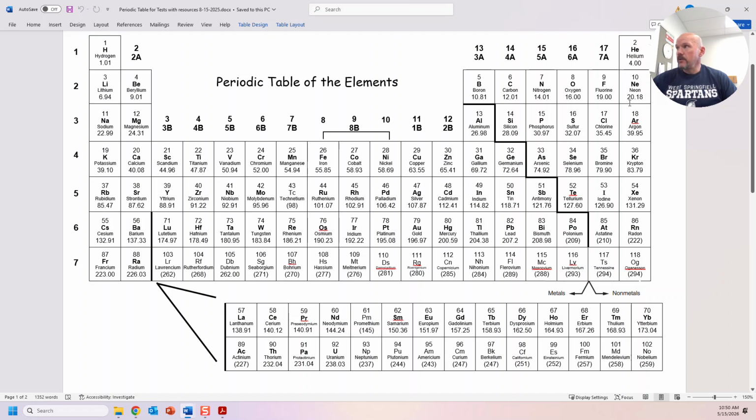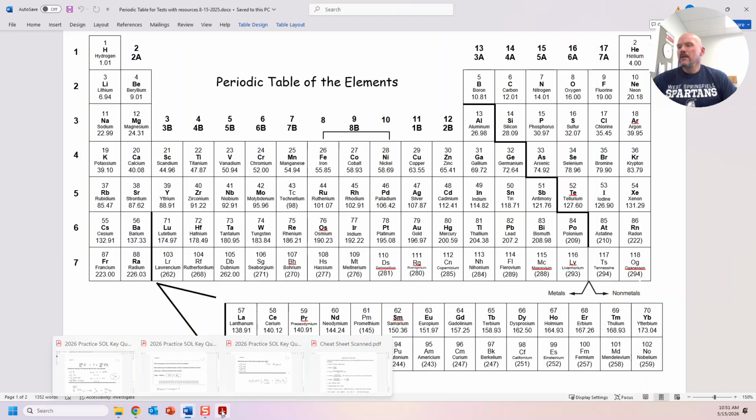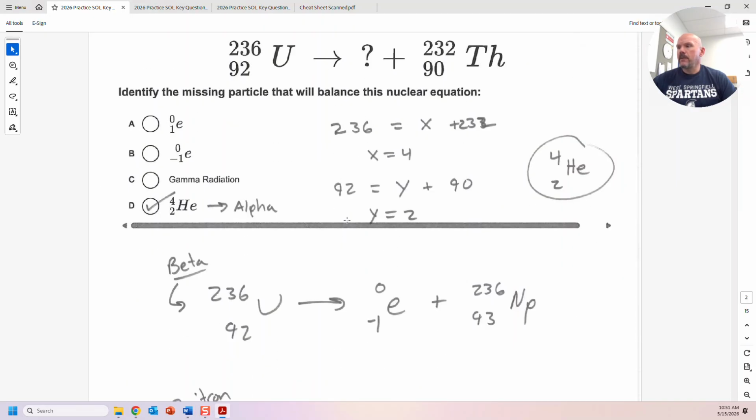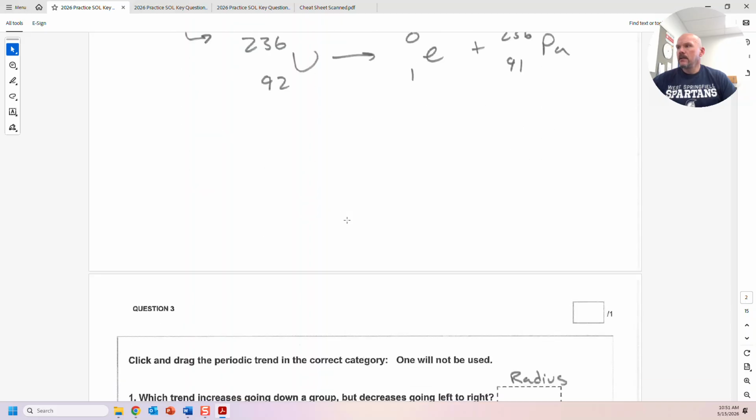Remember, we don't include the noble gases for electronegativity, okay? And then shielding effect increases as you go down, but stays the same, you know, going across the periodic table. So those are the main ones you want to be aware of for the SOL. Let's see what I wrote.